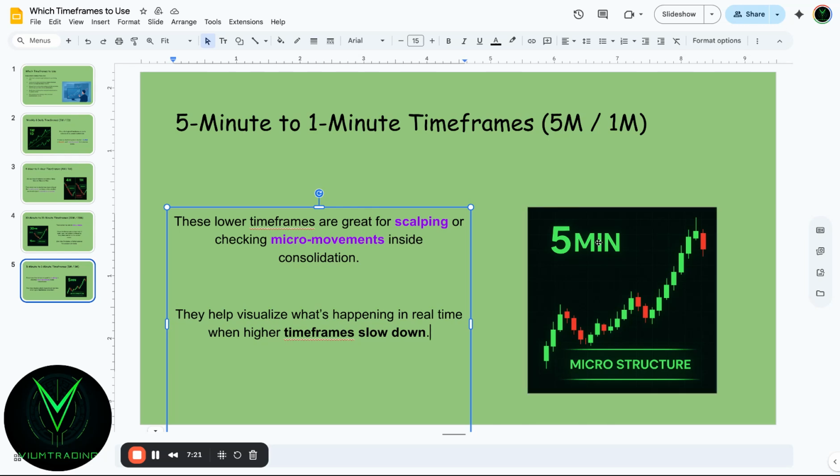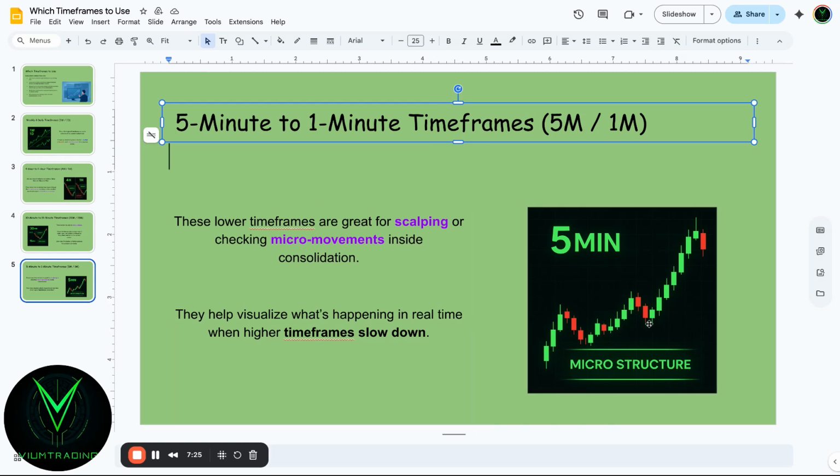So yes, I go to 5 minutes to 1 minute, but I don't do it often because it triggers me too much. Too much volume, the market too much red. For example, in 15 minutes, you don't see this red. In 15 minutes, you only see green, green. When you have 5 minutes, you see red, red, red, red, and sometimes that triggers your mind to think, oh, let me get out of the trade because the market started making some red, and I think it's gonna have a retracement.